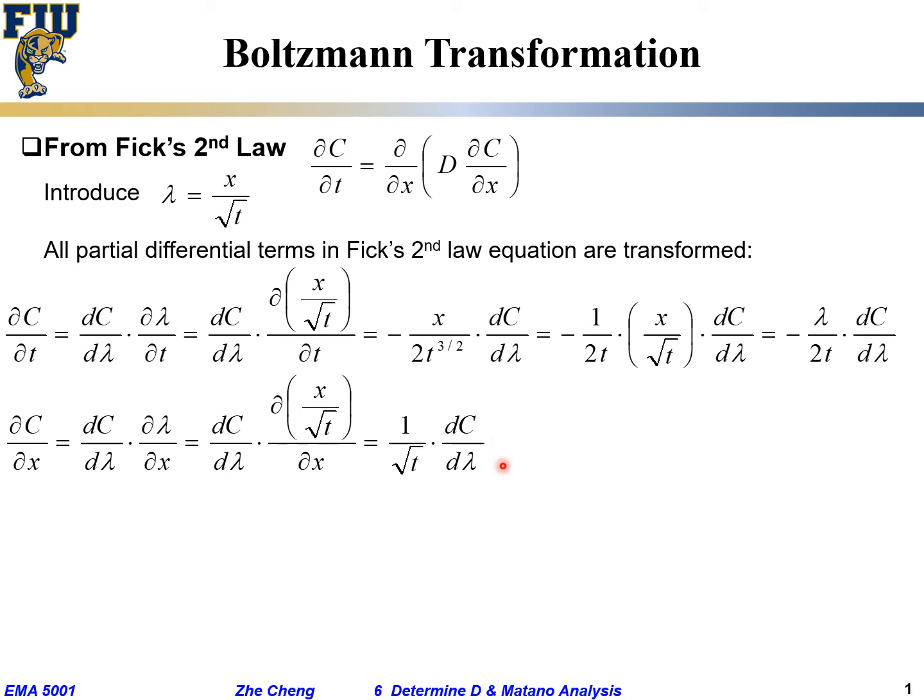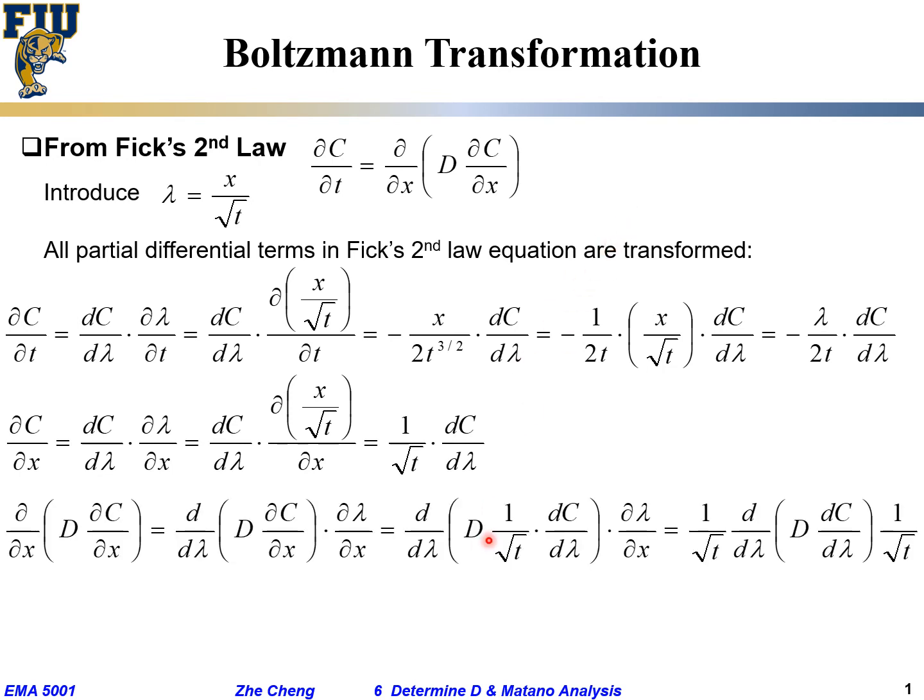Okay. And then this term is within the bracket, right? Within this bracket, we have to do it again. We have to do this D times the concentration gradient with respect to x again. And what did we do? Same trick, right?